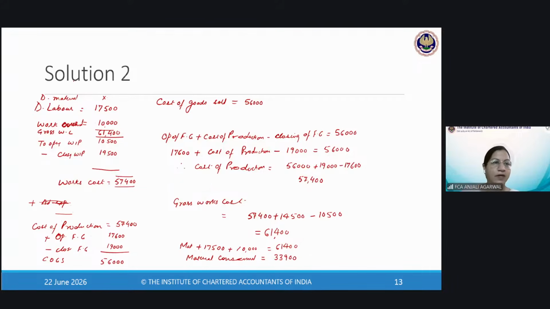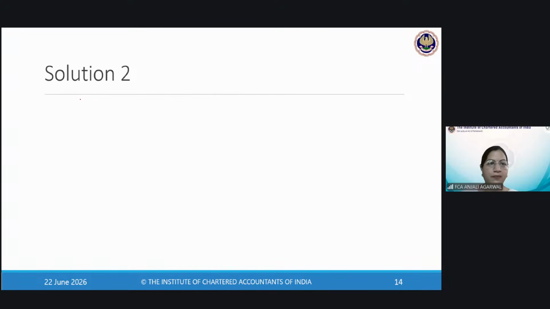And how do you get the material consumed? Opening stock of raw material plus purchases minus closing stock of raw material.